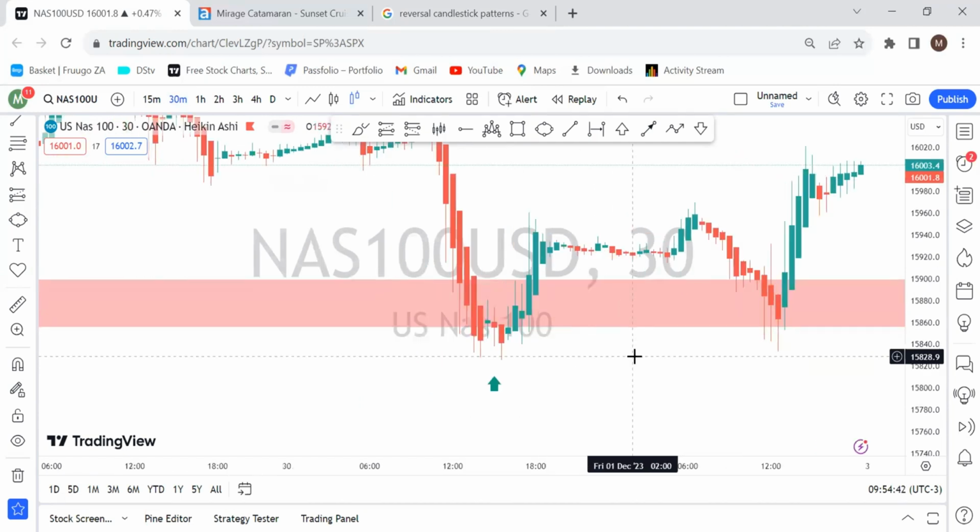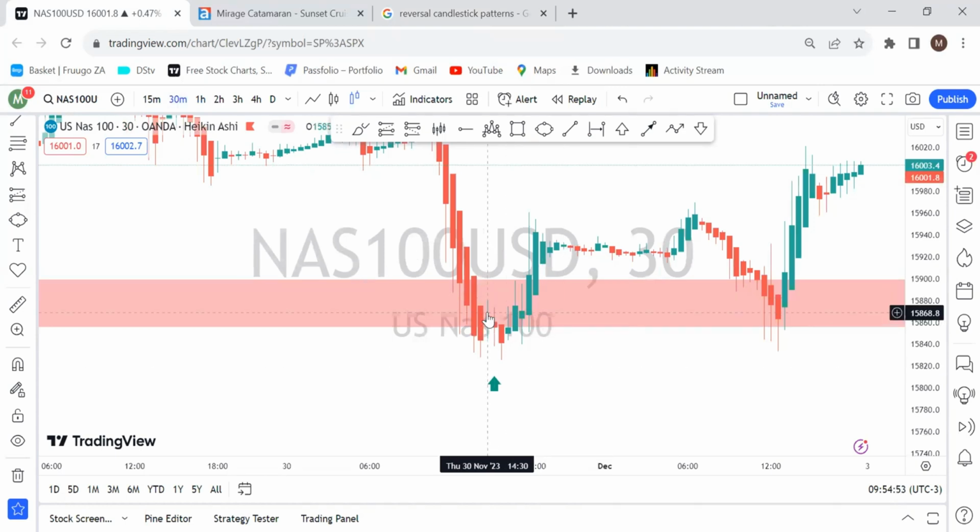So right now I just noticed something very important regarding those 3 bullish candlesticks that you'd want to see before you enter. So you can see this reversal candlestick that is alone right here.